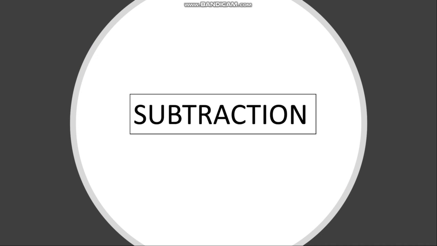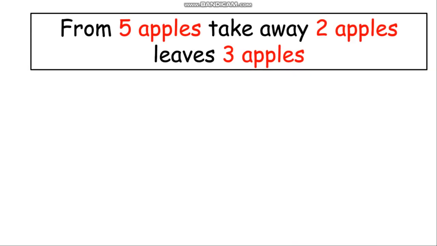Now you have come to know that subtraction means taking away one number from another number. Okay? Now, as from the previous example, from 5 apples, take away 2 apples, leaves 3 apples. Now, I can write this in one more way.